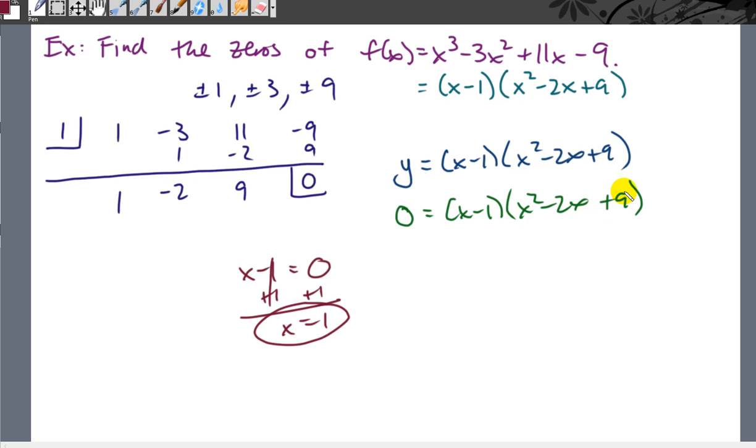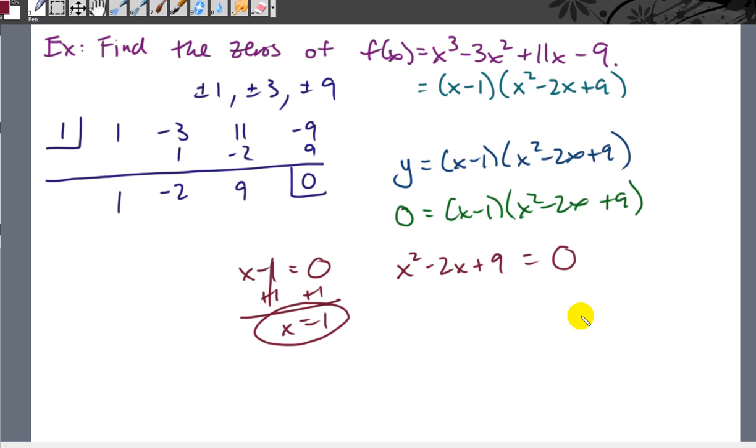Now we're going to run into issues if we try x squared minus 2x plus 9 equals 0. You might be thinking, how would we solve for x in this case to find our zeros?